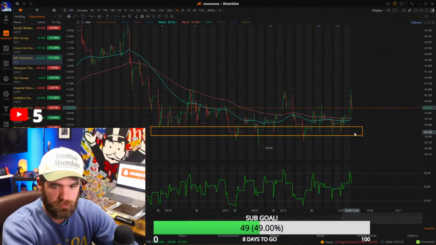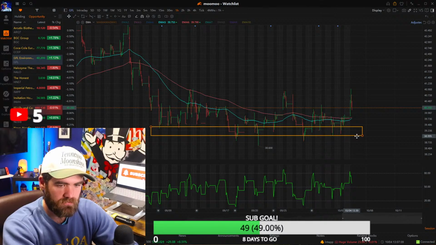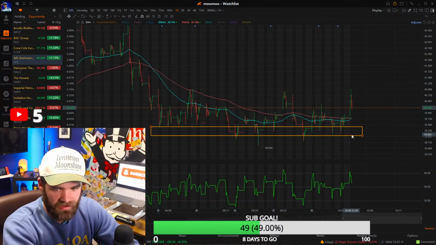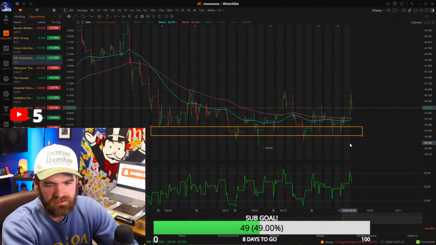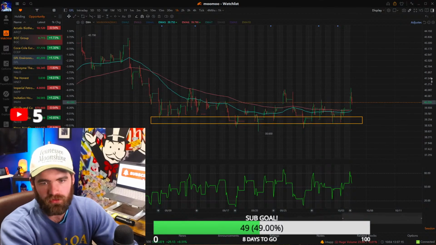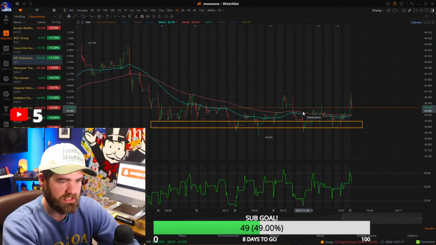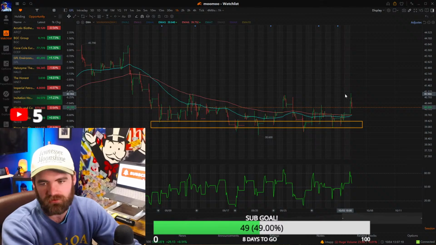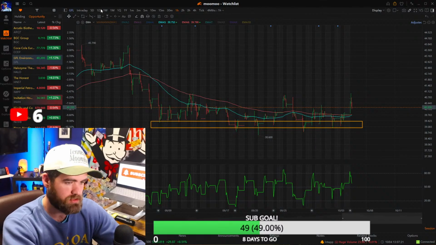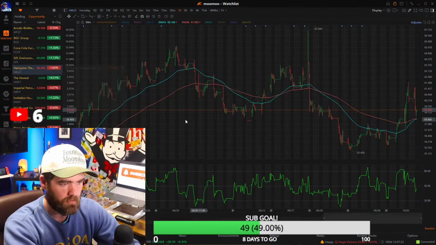So, good play would be to set an alert down here if it dips down. Enter down here at 39 even. Set your stops at 38.50. Risk 50 cents for a move back up to 41, which is decent risk and reward on that one.